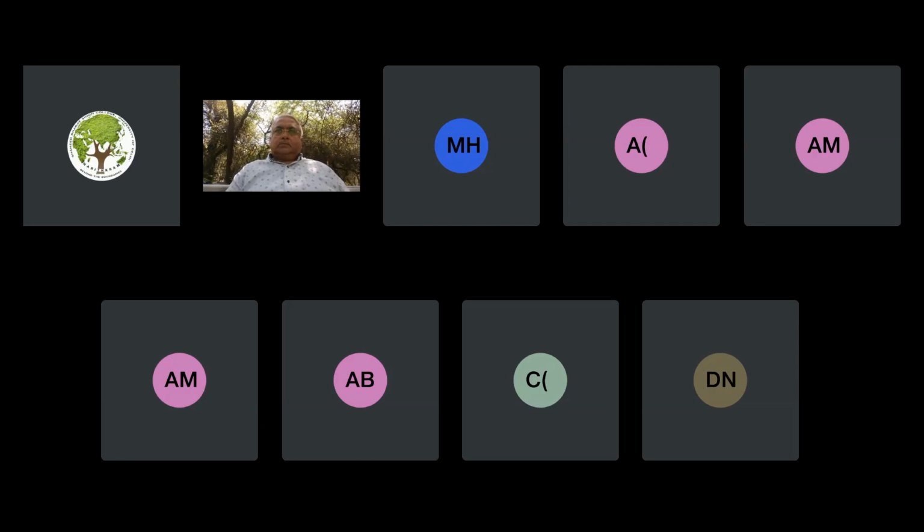And I'm sure it is making a dent somewhere, giving the messages the way it is intended to. Maybe it may not be to the extent that one expects. But nevertheless, all of you are doing very good work. And I think we have to just keep at it, keep doing it. That is very important.